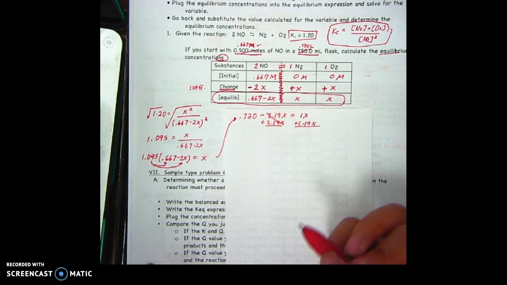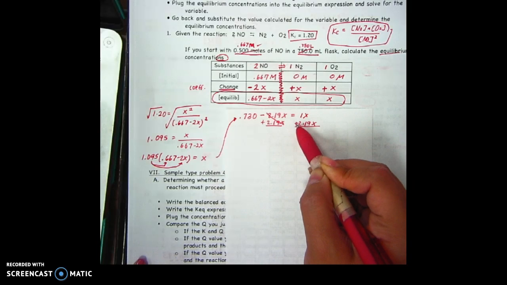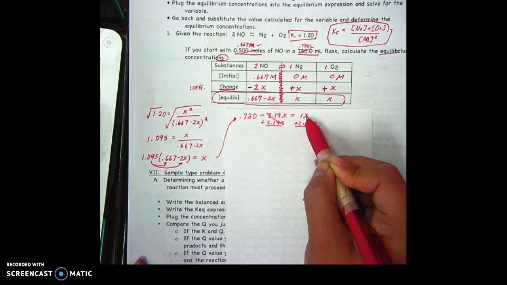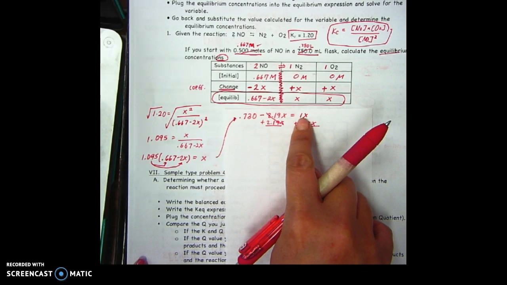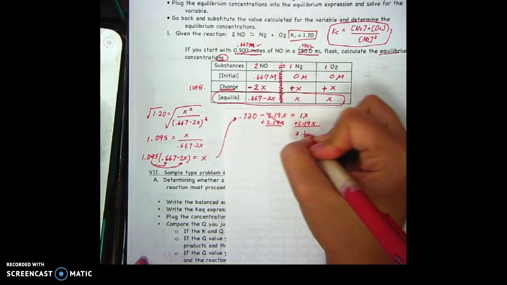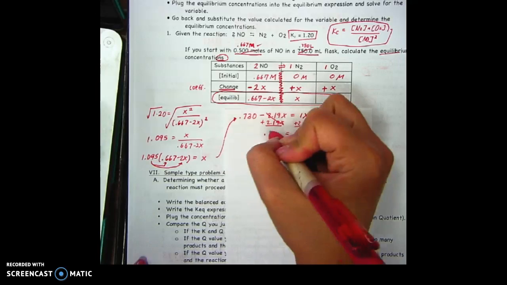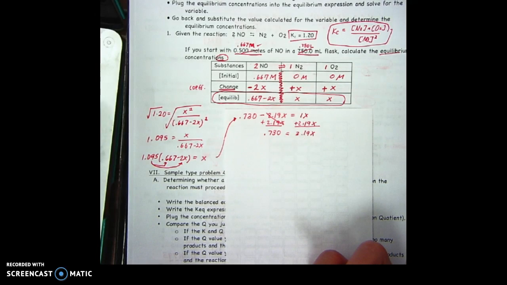Okay. And believe it or not, I think this is the most common mistake that people make. When they see the 2.19x plus x, they don't consider that there's really a 1 right here. So they say it's 2.19x when you know that it should be 3.19x. And on the left side, we have 0.730, right?